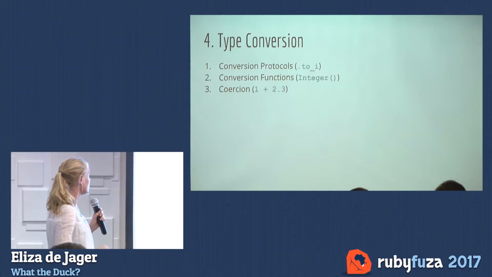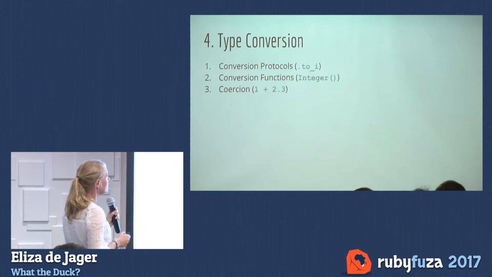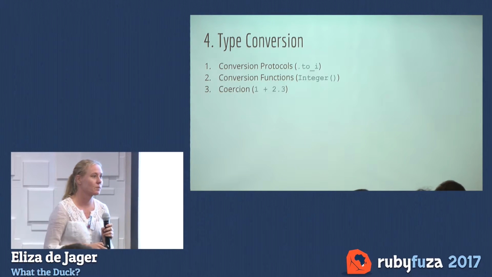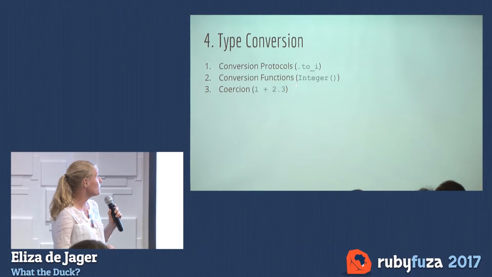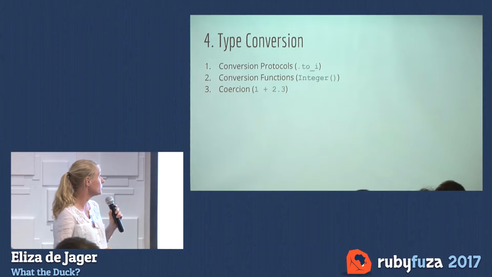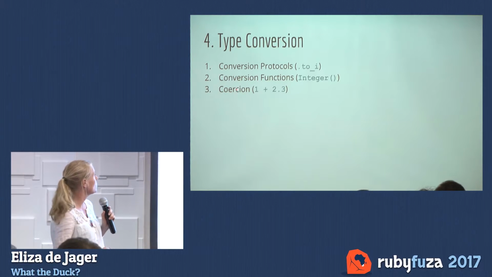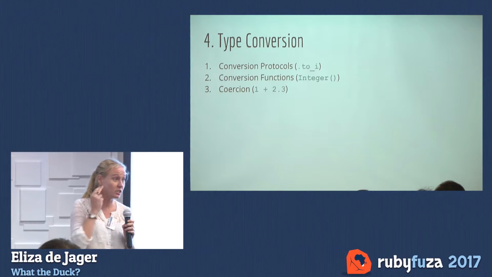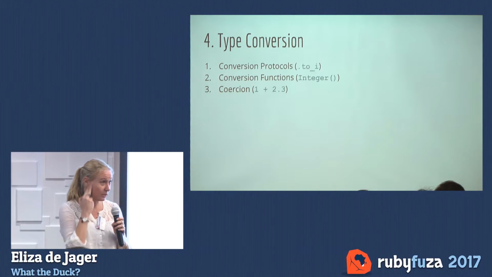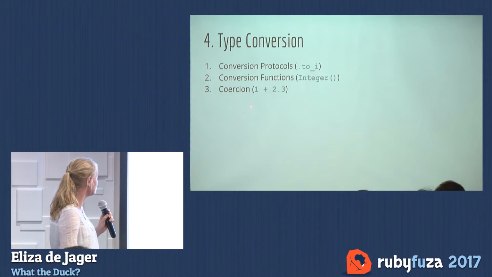The first is via your conversion protocols. So that's with the to_i's and to_s's, etc. The second is conversion functions. So these functions have the same name as the type that you're converting to. And then there's a third called type coercion in Ruby, and that's done during arithmetic operations. But I won't have time to go into that today. So I'll take a look at the first two.